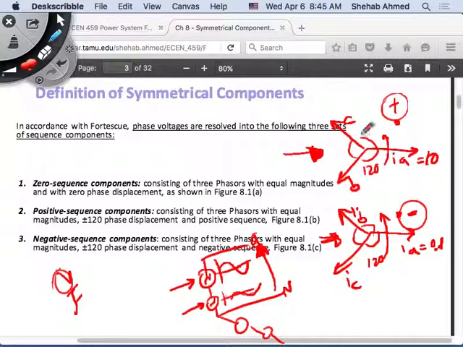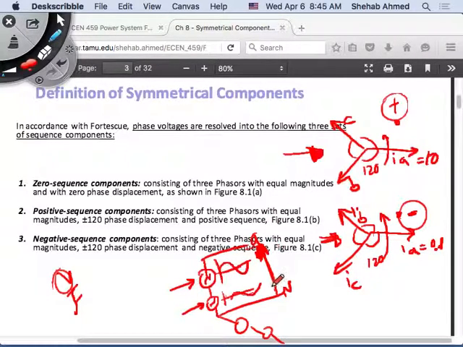Okay, so we see how positive sequence is generated and how negative sequence is generated. But we don't know how to take... we see that I can put them in series. Now I will show you how to take any unbalanced system. If I put them in series, I look at the voltage here.